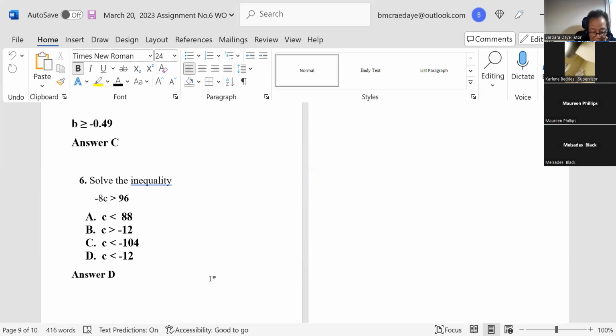You had it from the beginning, but when you gave your answer, you said C. No, I didn't say C. Well, when you sent me your answers, you had number 6 as C. You added the 8 and the 96, but that's a multiplication, so you don't add, you divide. Mercedes did that too at the beginning.